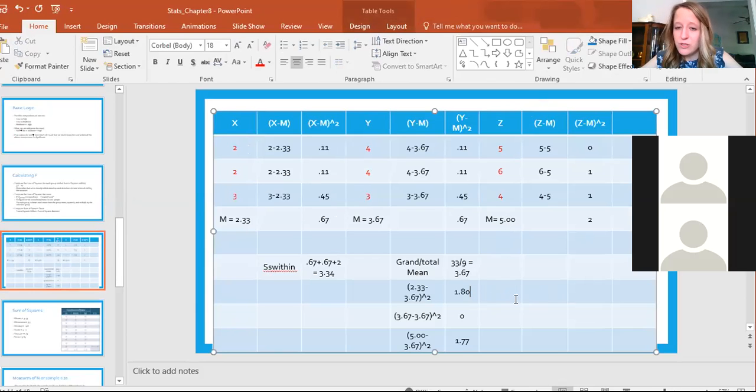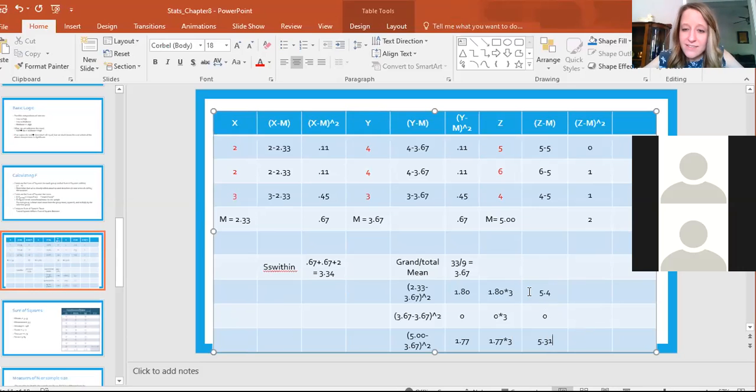So all we need to do is multiply this 1.80 by 3, 0 by 3, which will just be 0, and 1.77 by 3. And so that should give me 5.4 for that one, 0, and 5.31.